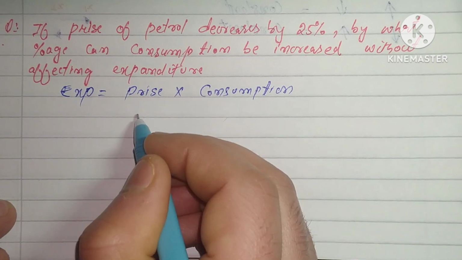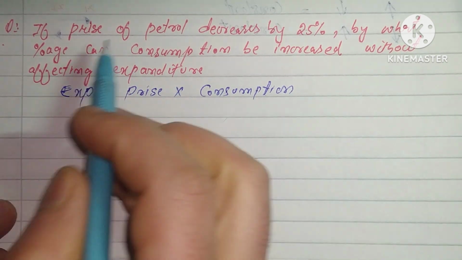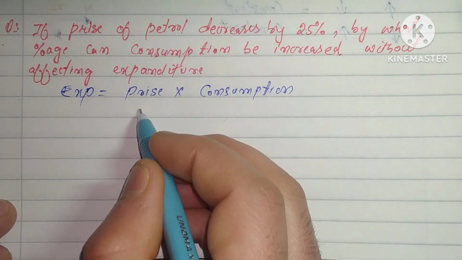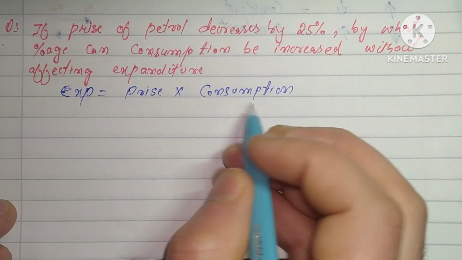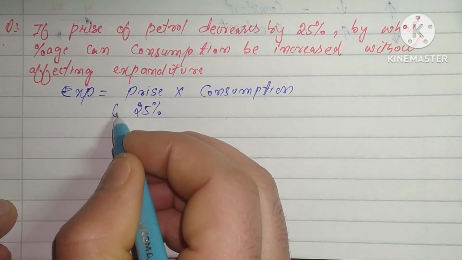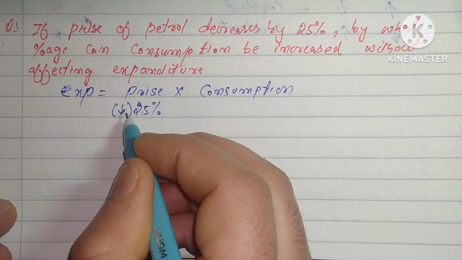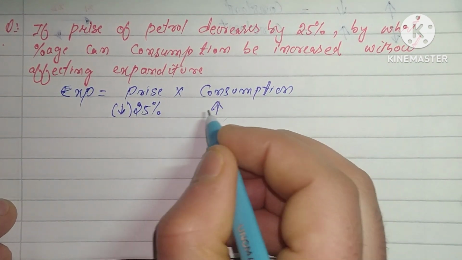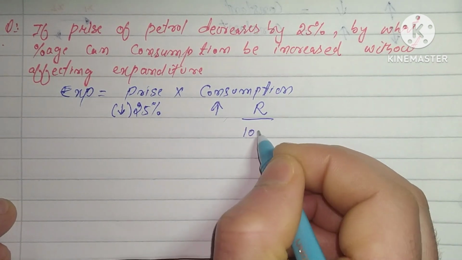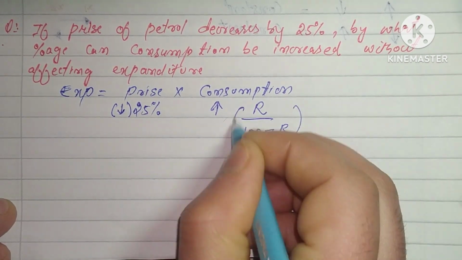If price increases, consumption will decrease. Here the price of petrol decreases. Since price of petrol decreases, the consumption will increase. Price of petrol decreases by 25%. Consumption will increase by how much percent?